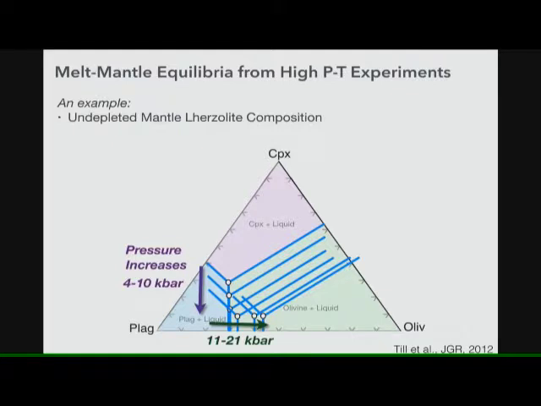How do you control that in an experiment? One experiment is at one pressure and one temperature, and then we would do the next experiment at another temperature but the same pressure, for example, or do different temperatures at the same pressure. So you spend a lot of time doing experiments.